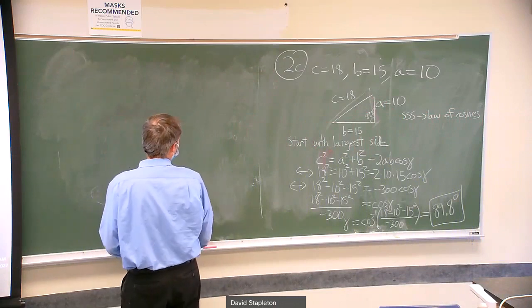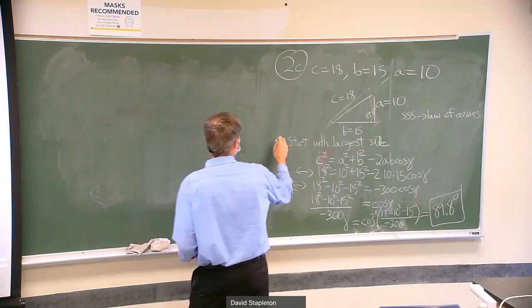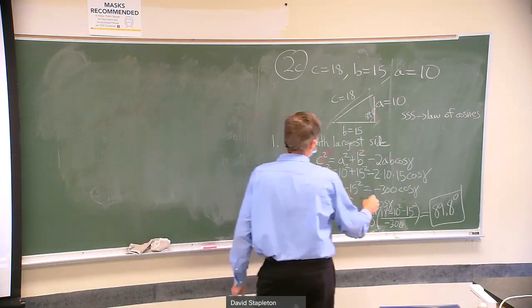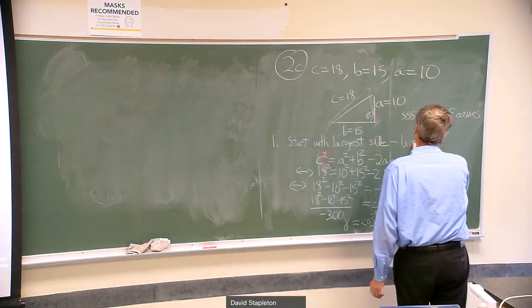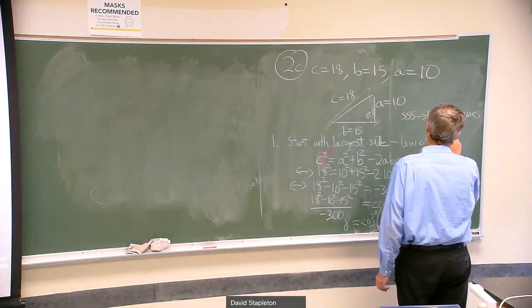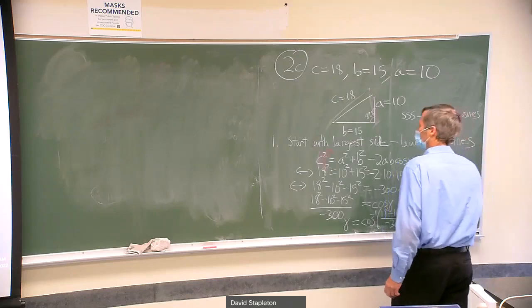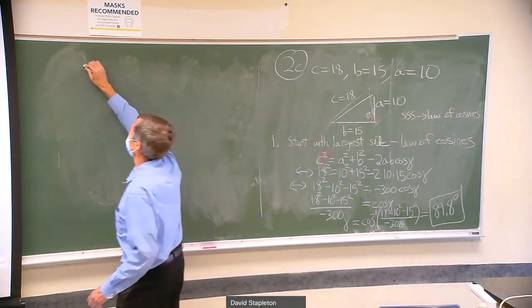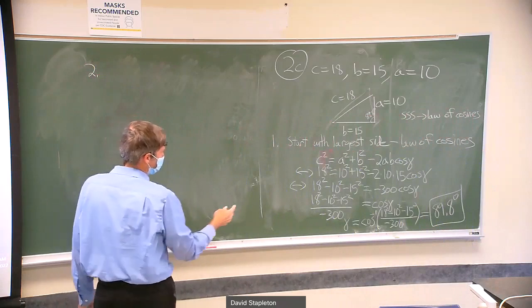And that's what people like to do here: we want to start with the largest side, law of cosines, in the side at least. Then go to the law of sines on the second step, because now you have an angle and opposite sides.